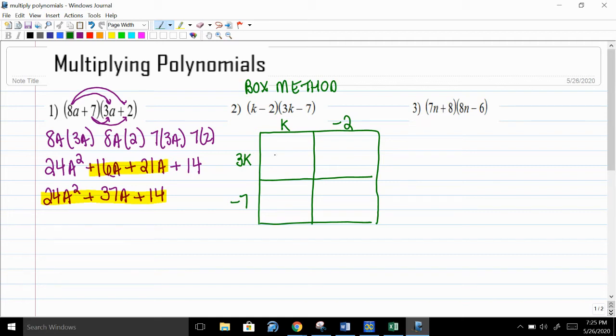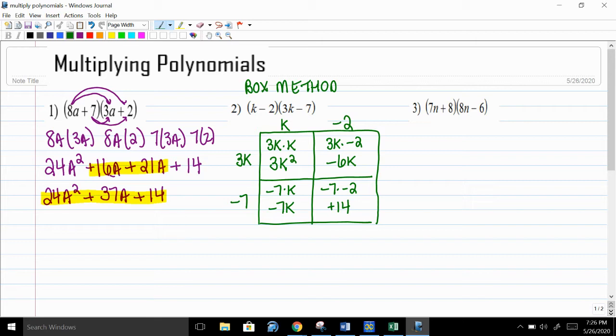So in this box, you would have 3k times k, which is 3k squared. In this box, you'd have 3k times negative 2, which is negative 6k. In this box, you'd have negative 7 times k, which is negative 7k. And then in this box, you have negative 7 times negative 2, which is positive 14.